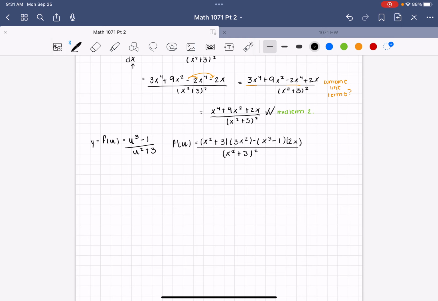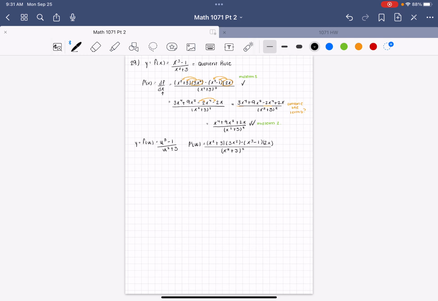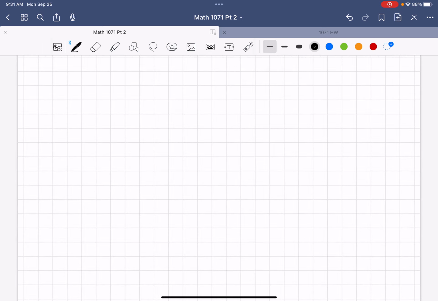Yeah, this is a good problem. And in fact, before I do this problem, let me do a preliminary example, then we'll do this. What if I gave you f of x equal to, let's make it, 1 over x squared plus x plus 1. And we're going to use the quotient rule on this. Notice that my numerator is just the number 1.